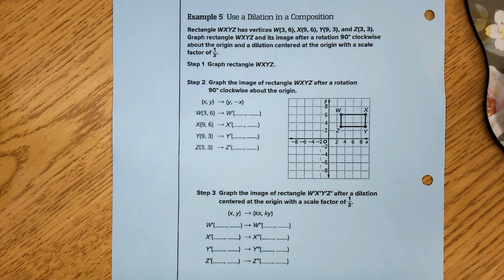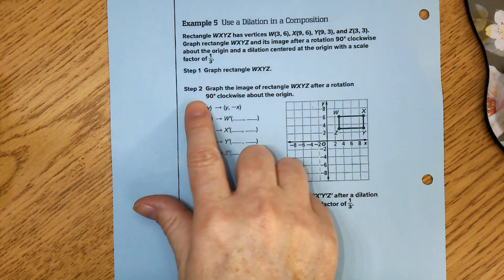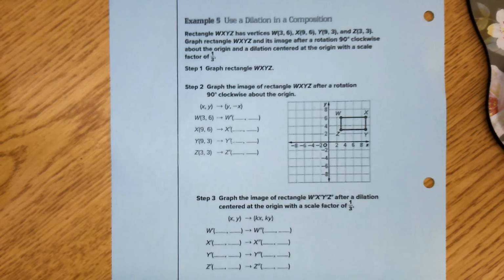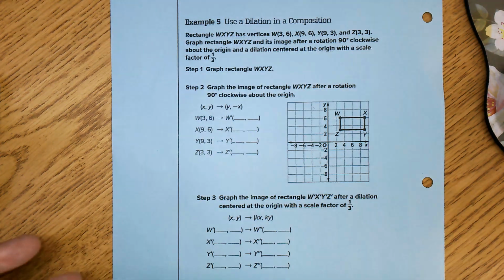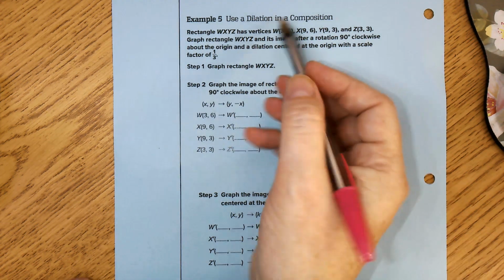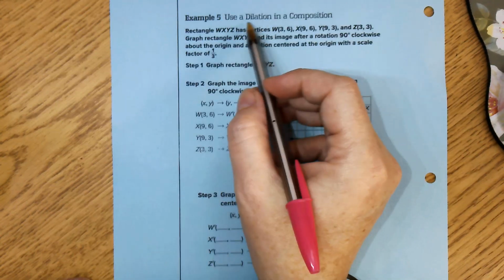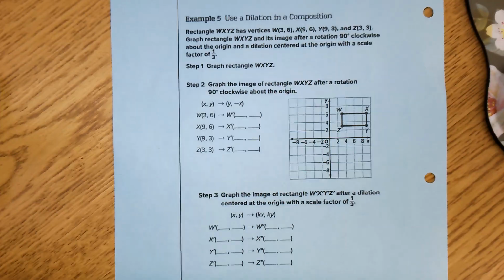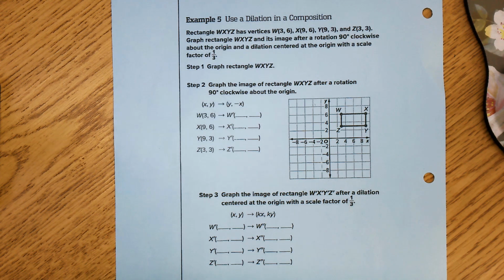So let's review our transformation rules, because today we're going to use rotation of 90 degrees. There are other rules besides that, and we want to make sure we have those in our notes so we can go back and use them whenever we are asked to dilate in composition, because what it's going to ask us to do with dilation is going to change.